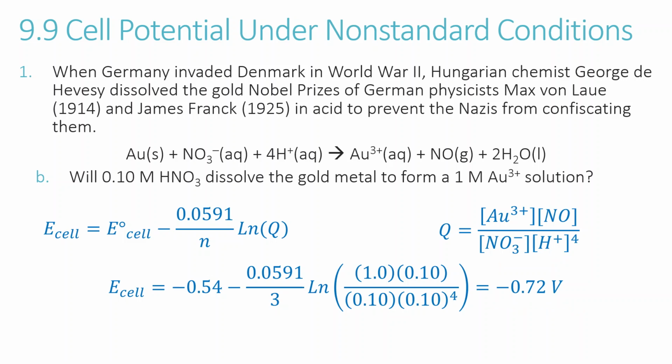Now, why does this happen? We've got our standard state voltage here, and then remember that this term is just a big old correction factor. This correction factor takes into account us not having standard concentrations, with our Q calculation. If you calculate the value of this ratio, you end up with something that's going to be less than 1.